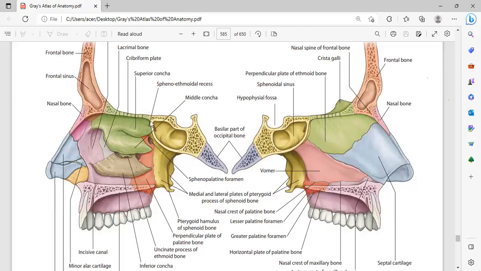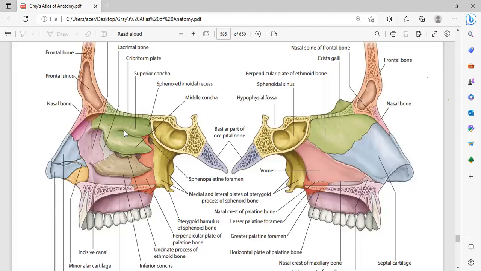It's tucked between the sphenoid bone and the ethmoid bone, so you can remember that easily. Here we have the sphenoid sinus. The sphenoidal sinus will open into this sphenoethmoidal recess. You see the hole here, that's opening into the sphenoethmoidal recess.